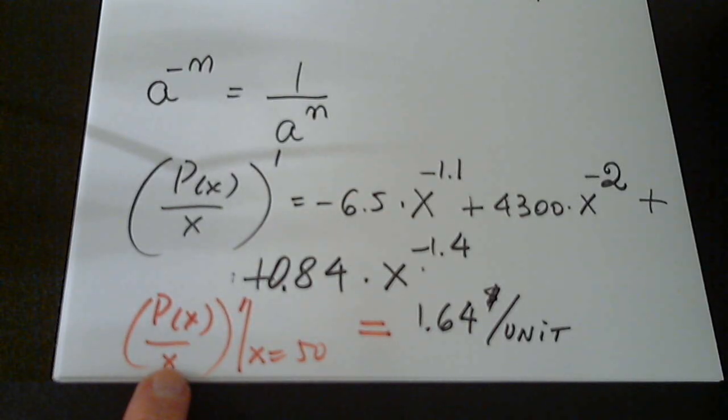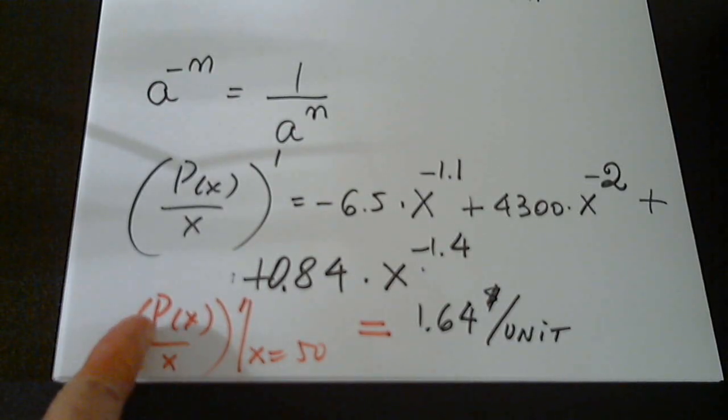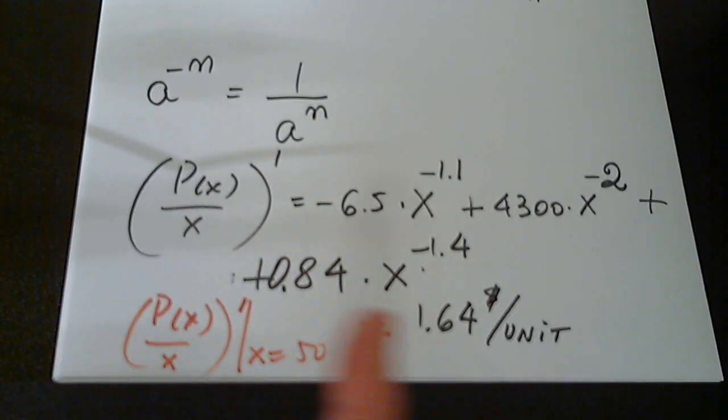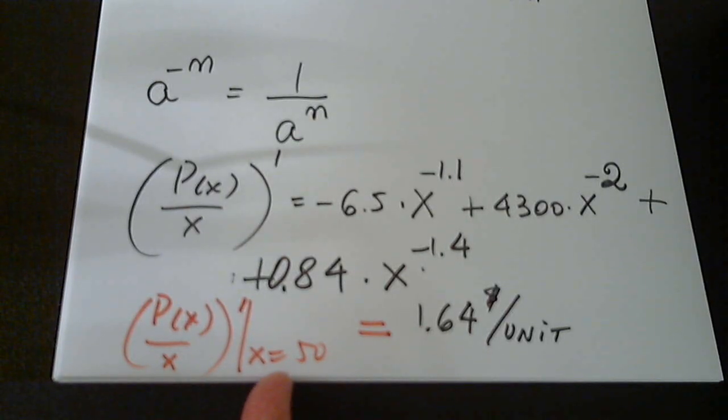So the rate of change of the average profit function when x is 50, 60 are produced and sold, is this, and this predicts the rate of change of the average profit when we manufacture the 51st unit.